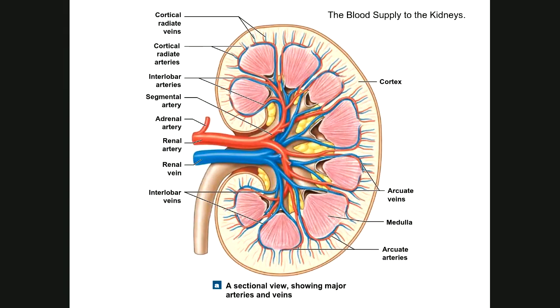We have also the veins, interlobal veins, that are coming from the renal veins. They also branch into interlobular veins, right? That they branch into arcuate veins.